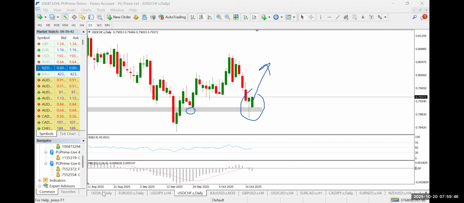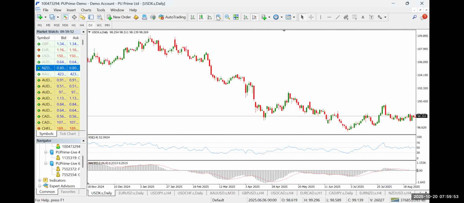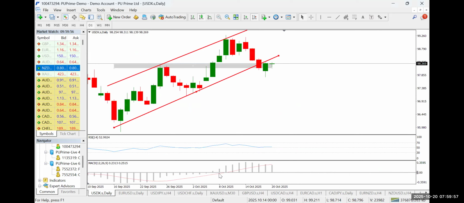Now, the dollar index itself is not giving me that clarity, except if price is breaking out above this current resistance turn support and is breaking out to the upside.